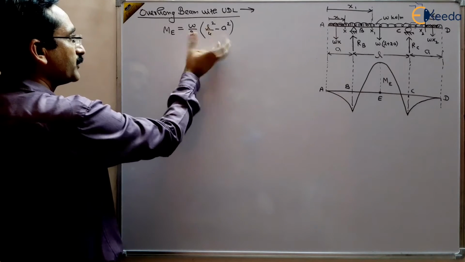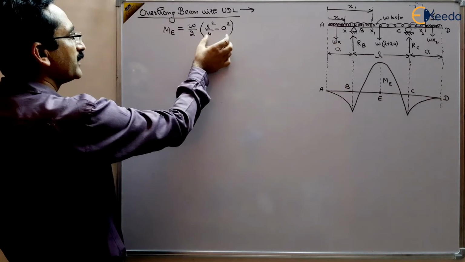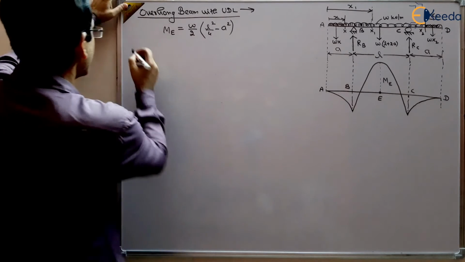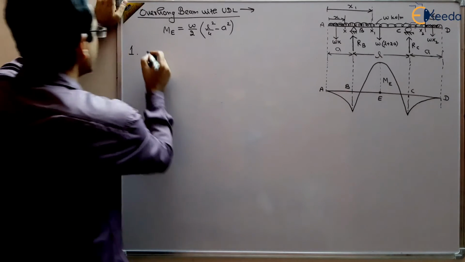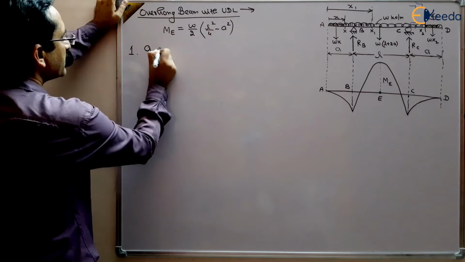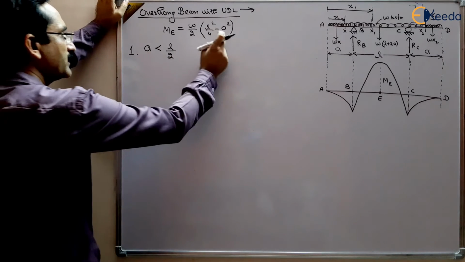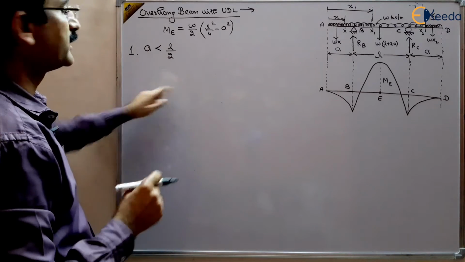And there may be a case at a certain point where A square and L square by 4 become equal. So we can have three cases. One is where A is less than L by 2. If A is less than L by 2, then it is okay.